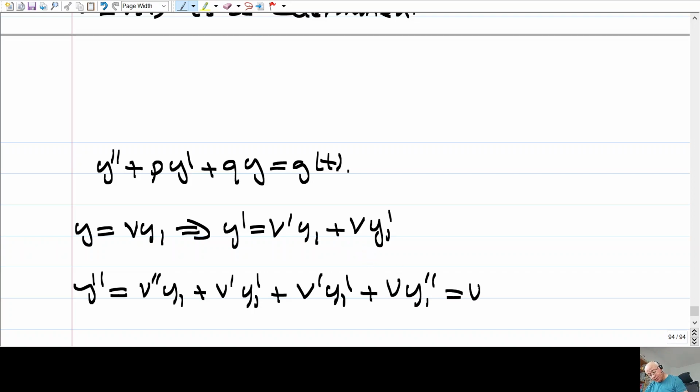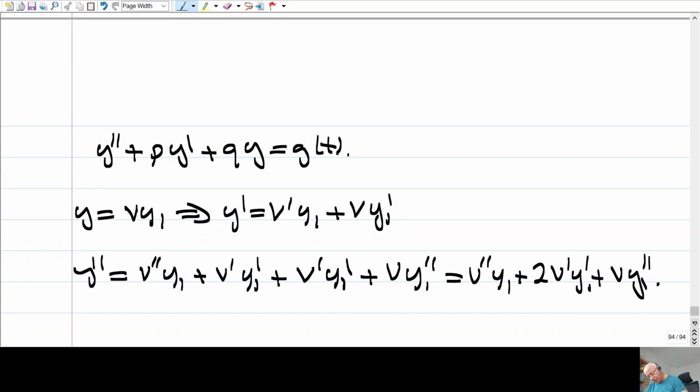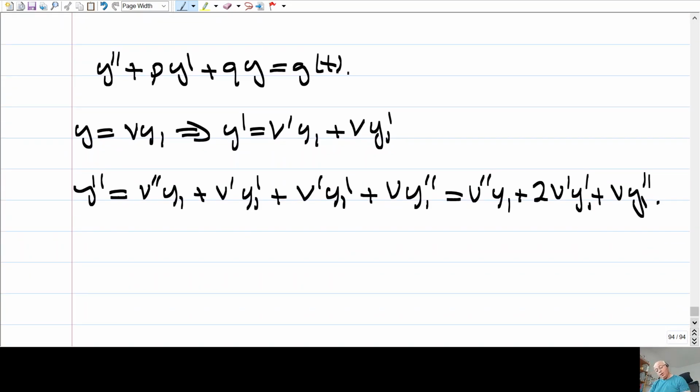So this is v double prime y1 plus 2v prime y1 prime plus v times y1 double prime. Let's plug all this into the equation.